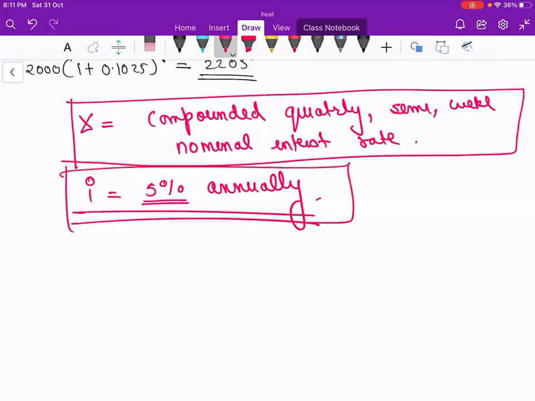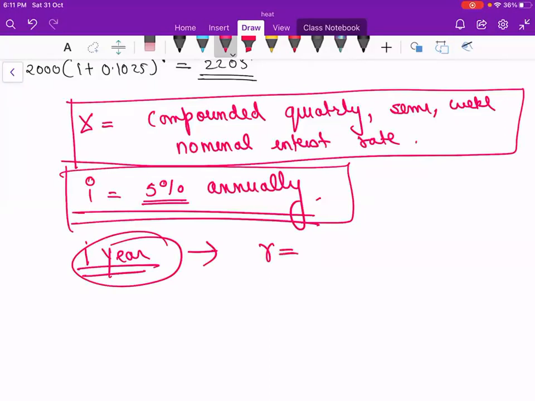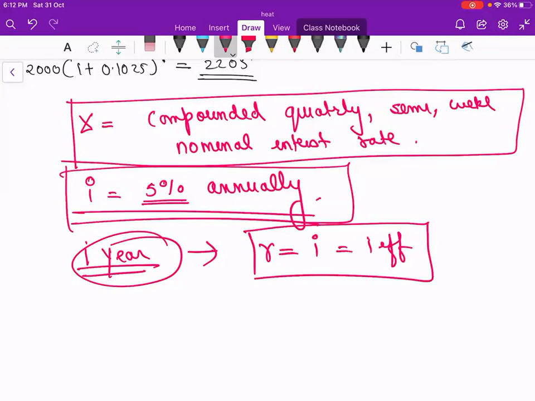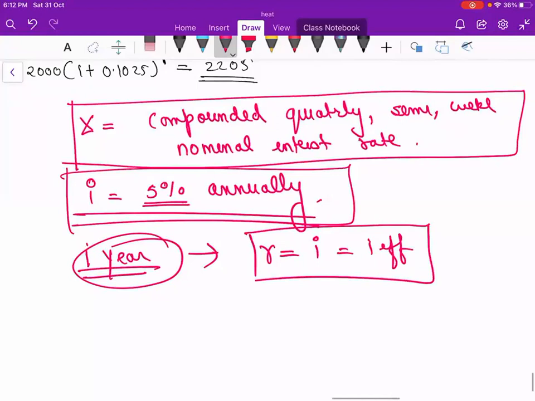At 1 year, all the values are the same. At annual basis, R equals I equals I effective.